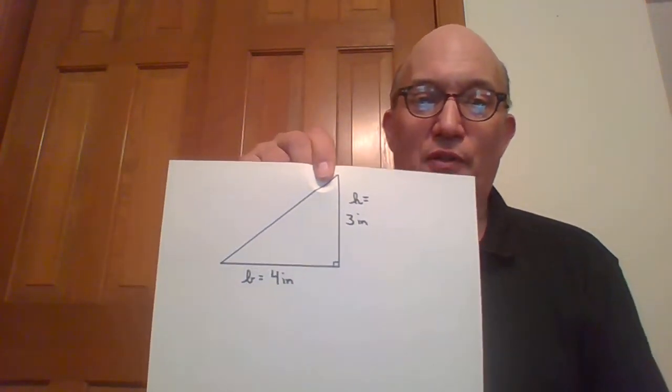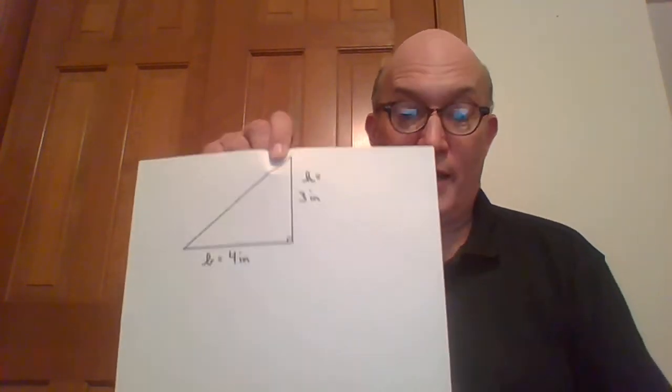And in order to explore how the area of triangles works, I've decided to do this. All 3 of the triangles we're going to look at now have areas of 6 square inches. Let's look at this first. This is a right triangle.